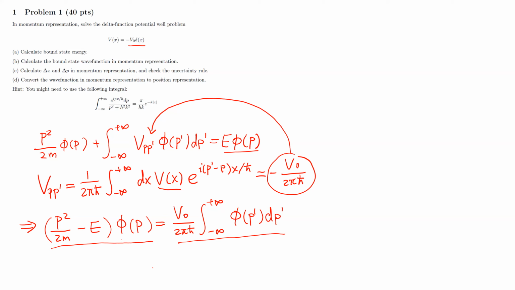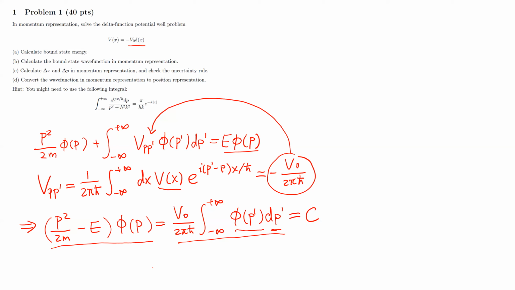But we know that this is a function of P prime. So if you do the integral over P prime, the momentum dependence should no longer be there. We do not know the number, but we must know that it is a constant.